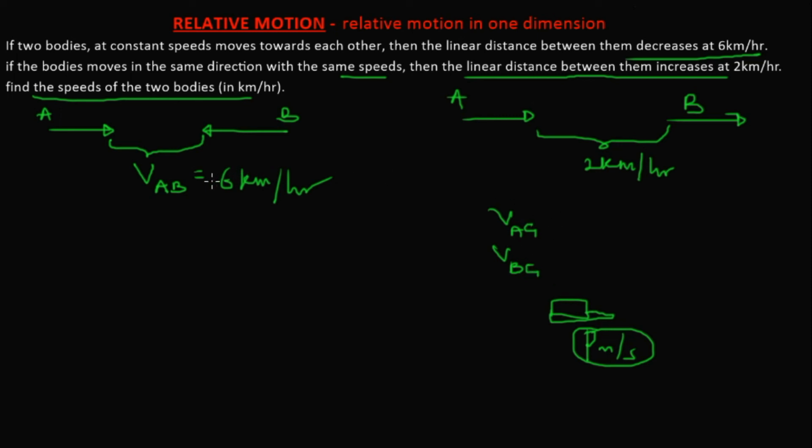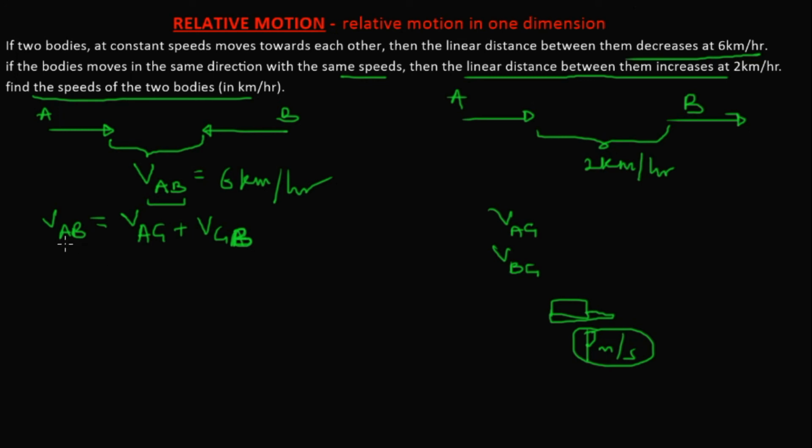Alright, so in this case we have been given the relative velocity of A and B, and of course the formula is VAB equals VAG plus VGB.